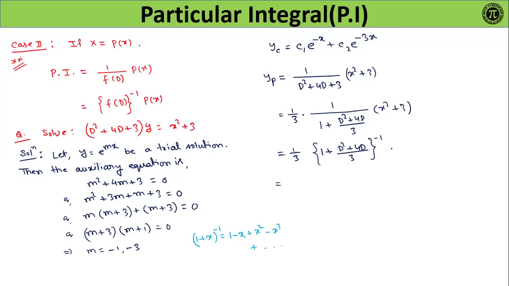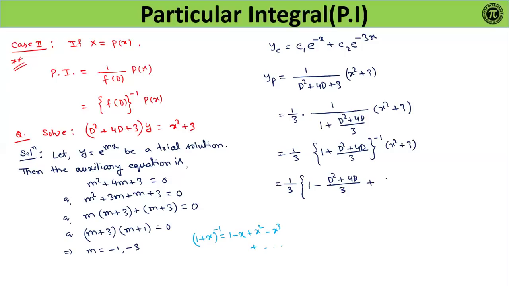So you are getting, okay, this is x square plus 3. So 1 by 3 into, what is x? X means (D square plus 4D) divided by 3. So this will be 1 minus (D square plus 4D) divided by 3, okay, 1 minus x plus x square.